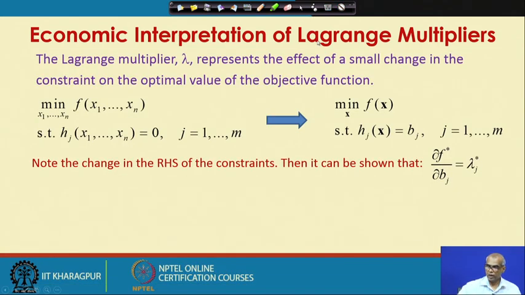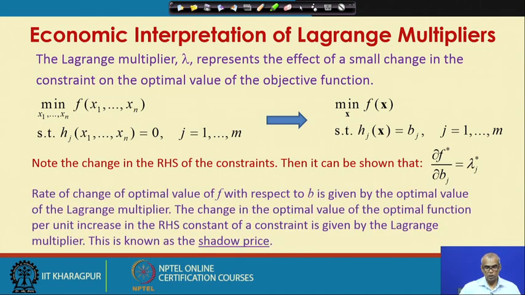So the rate of change of the optimal value of f with respect to b j is given by the optimal value of the Lagrange multiplier lambda j star. The change in the optimal value of the objective function per unit increase in the right hand side constant of a constraint is given by the Lagrange multiplier.